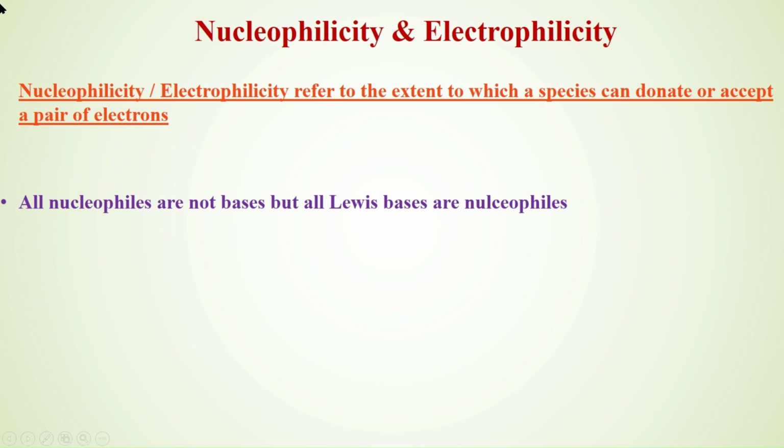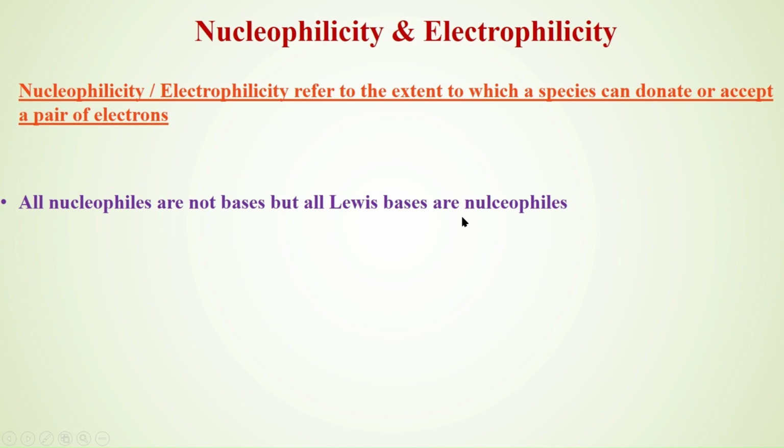These nucleophiles are electron rich species. What are bases? As per Lewis acid base theory, bases are electron donors. Nucleophiles also are electron donors.